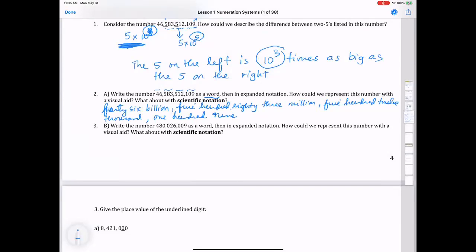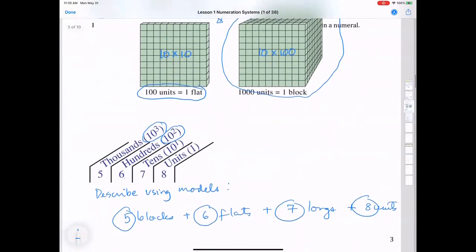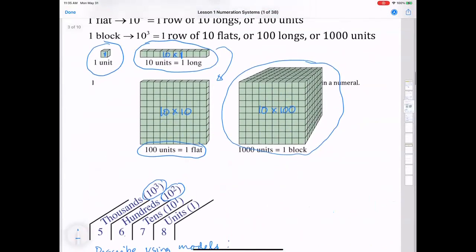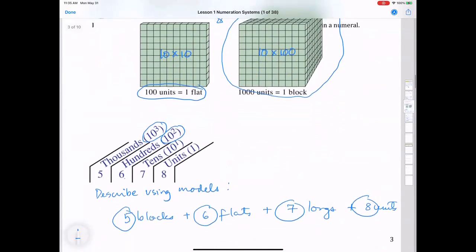You see, it's normal to be tempted to write symbols because words are a lot more tedious, okay? So let's see what the next question is asking. How could we represent this number with a visual aid? So far we haven't introduced the objects, the blocks that represent numbers more than thousands. Right now, we do not have any symbols available to represent them.